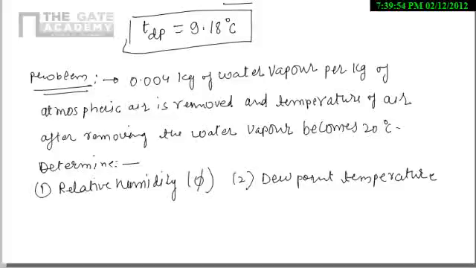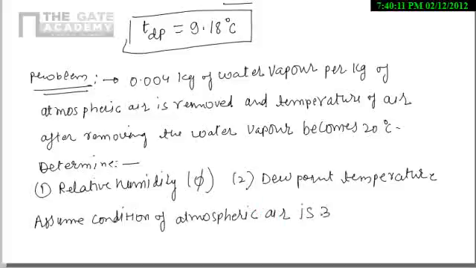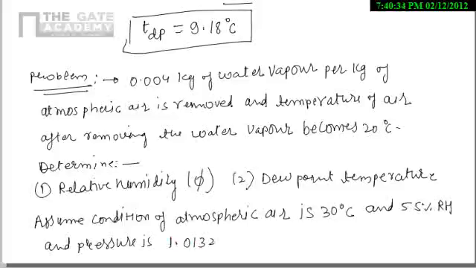Assume the condition of atmospheric air is 30 degrees centigrade and 55% relative humidity, and pressure is 1.0132 bar.